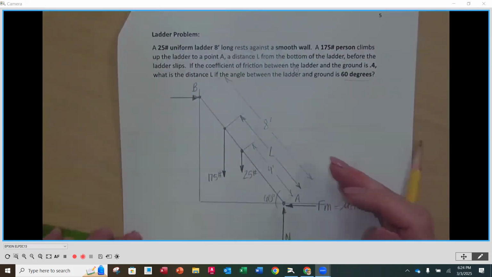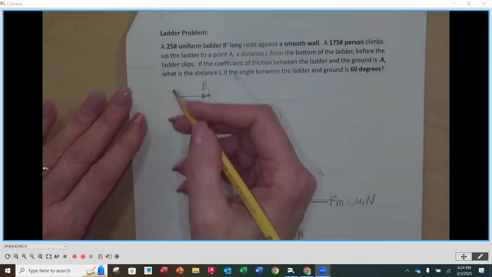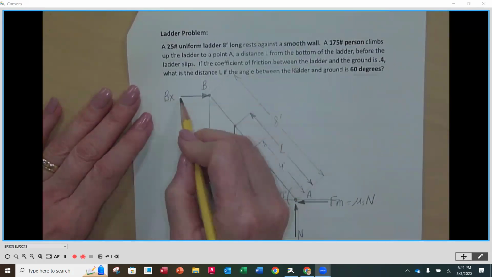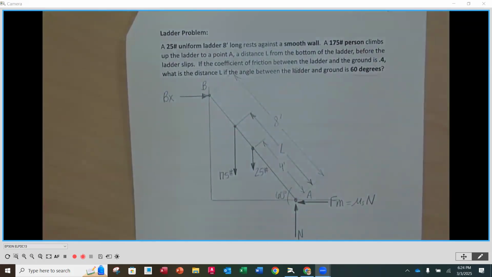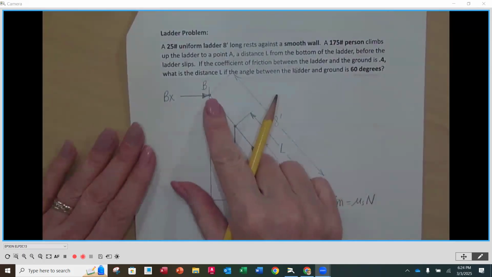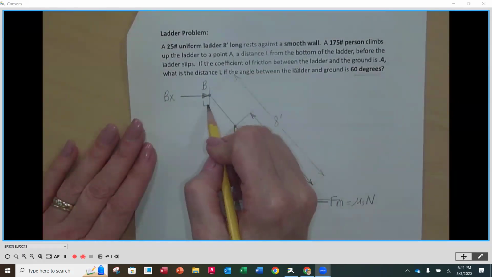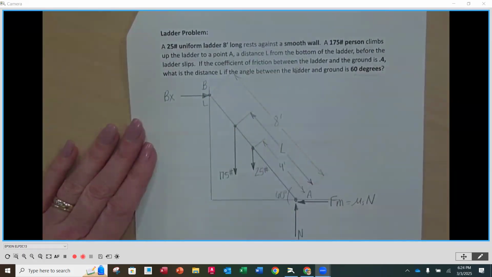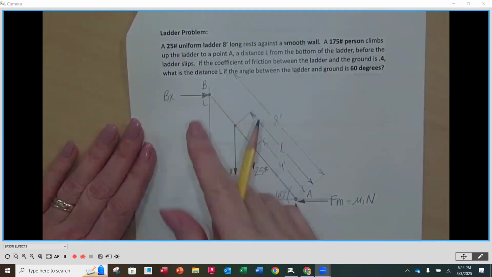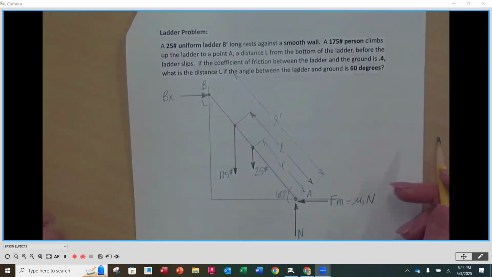We're not going to call it a normal force, we're going to use that for down here, but we're going to call this Bx, and that's going to be a force that is perpendicular to the surface that our ladder is riding on. The surface is vertical, so that means its support force is going to be perpendicular to it, and we'll call that Bx, okay?